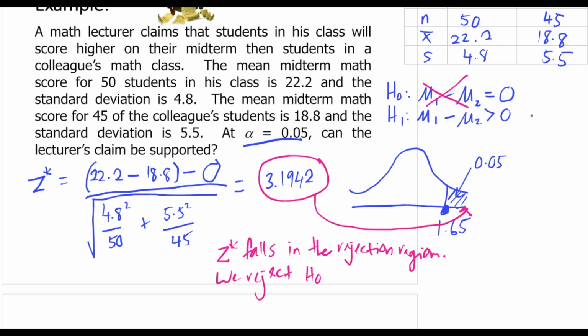So this is when the lecturer's claim is true. And this is when the lecturer's claim is false. So because we rejected the null hypothesis, we come to a conclusion that the lecturer's claim is true, or I would write it as: the lecturer's claim that students in his class will score higher on their midterm than the students in his colleague's class is supported.